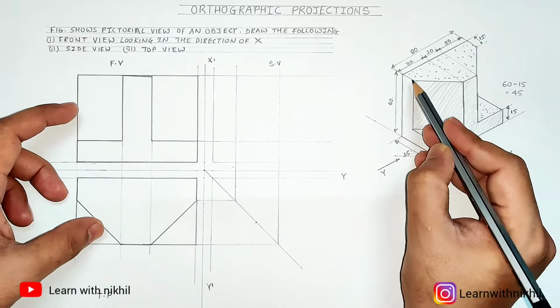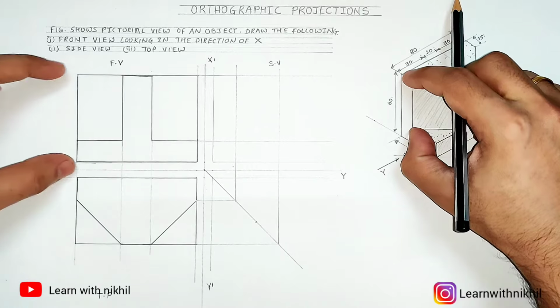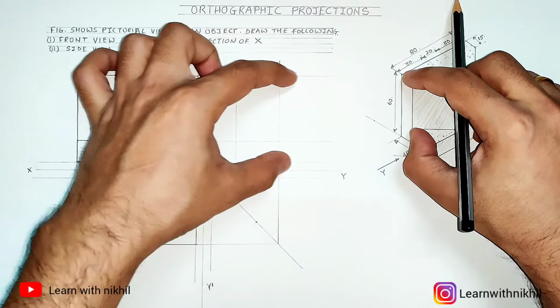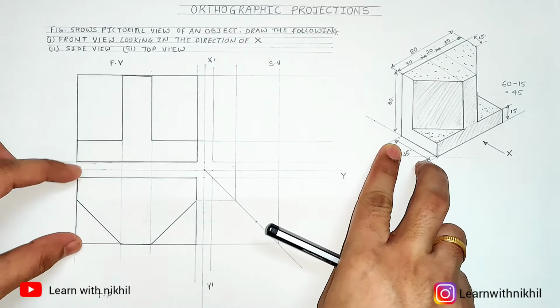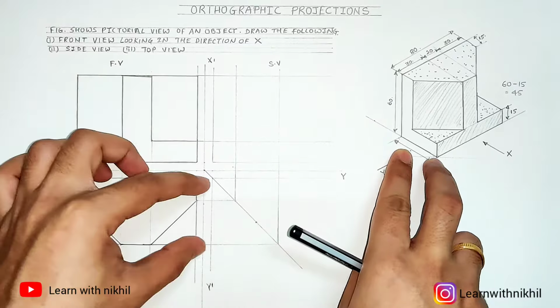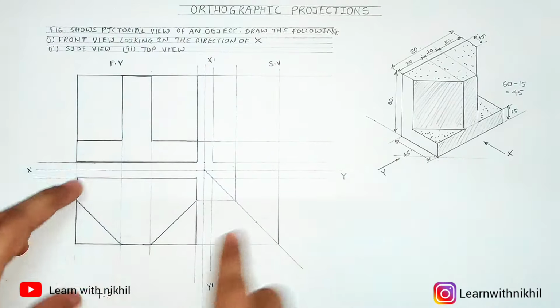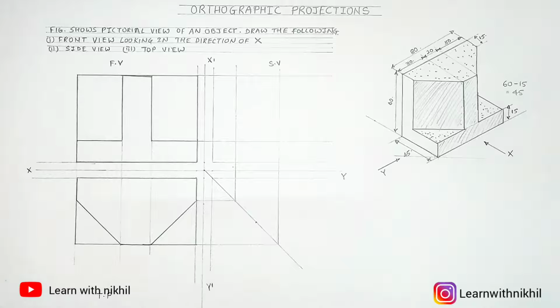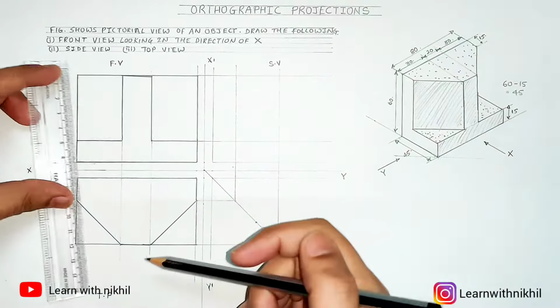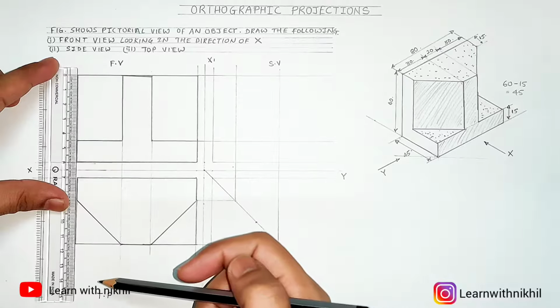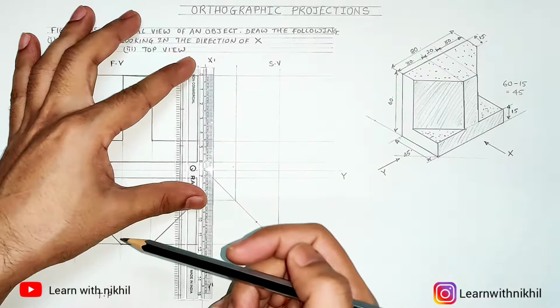Now this L shape we have to draw. The height is 60, which is available from the front view. We have projected from the front view, and the 45 degree line has been projected accurately from the top view. So the height of the L is 60, the width is 45 and the thickness is 15 millimeters.